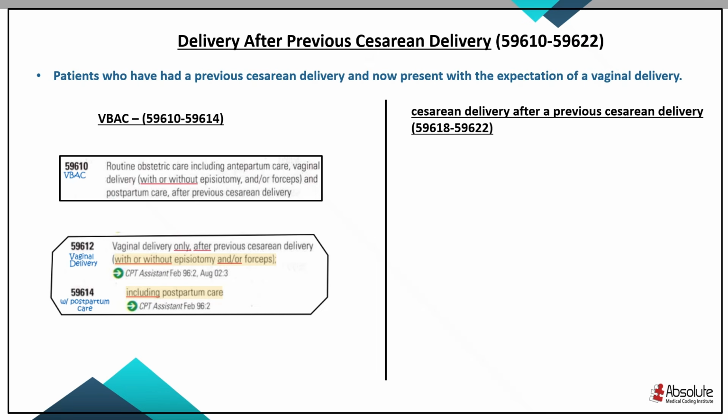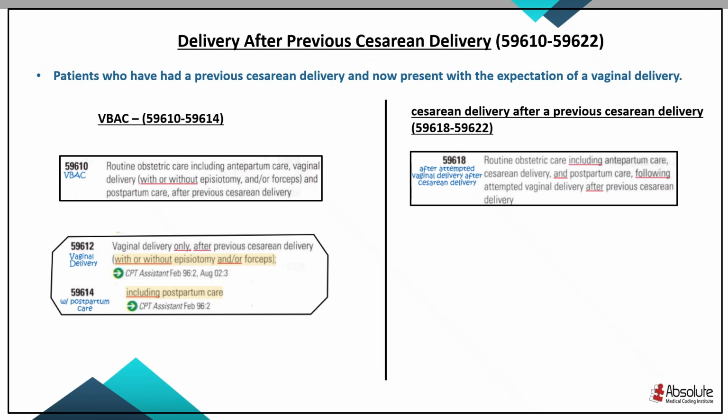And next we have cesarean delivery after a previous cesarean delivery. And the code series are from 59618 through 59622. And these codes apply when the patient attempts a vaginal birth after a cesarean delivery but ends up requiring a cesarean delivery. So similarly to the VBAC, we have a package code that is 59618, which includes the antepartum care, cesarean delivery after the attempted VBAC, and the postpartum care.